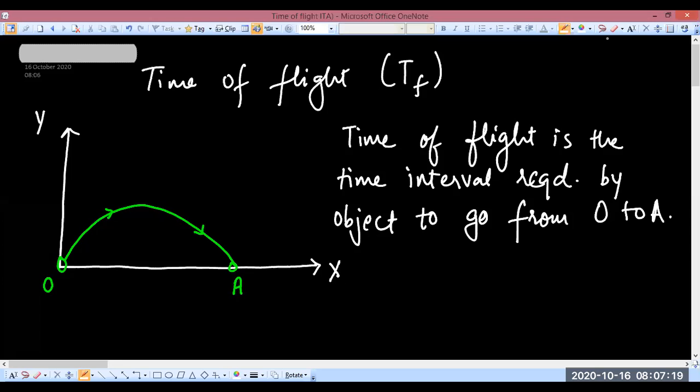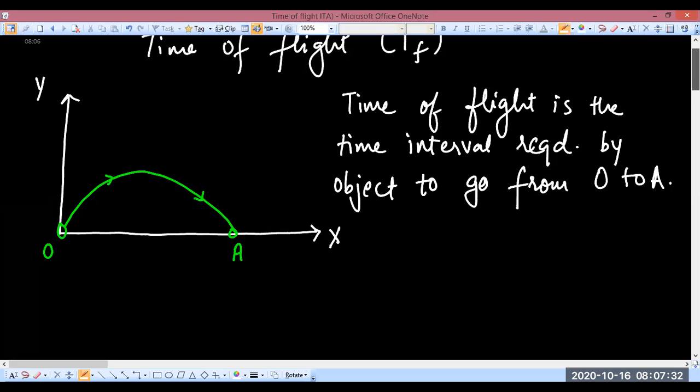Time of flight is the time required by the object to go from O to A, right? So now, there is something very particular about O to A.